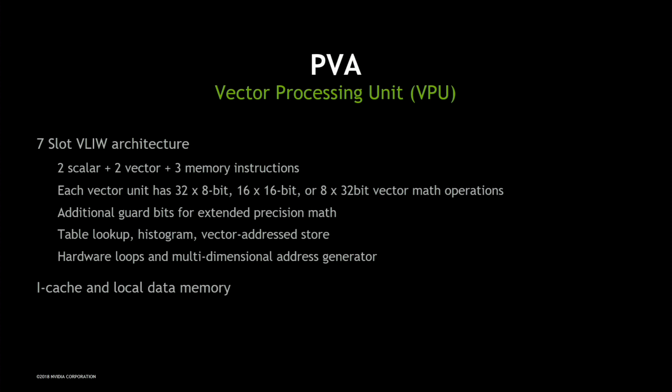Now, it's not just a vector pipe. We have a lot of secret sauce in there. We have hardware for table lookups, histograms. We can do hardware looping. So we have support to keep very high efficiency no matter what your filter size is. And so that's a lot of the secret sauce in PVA to make it very efficient.